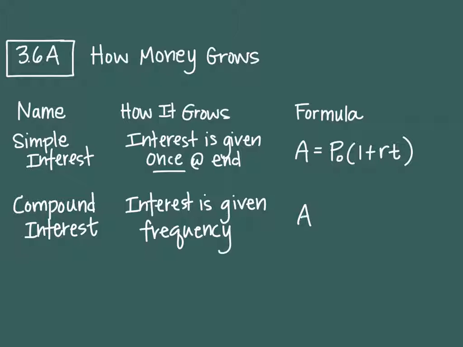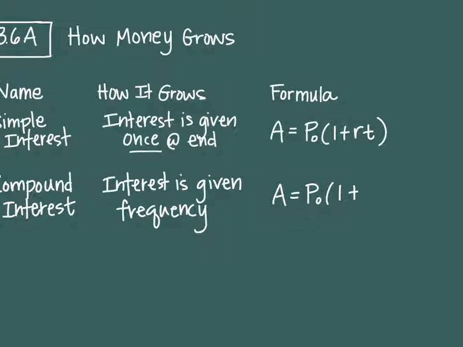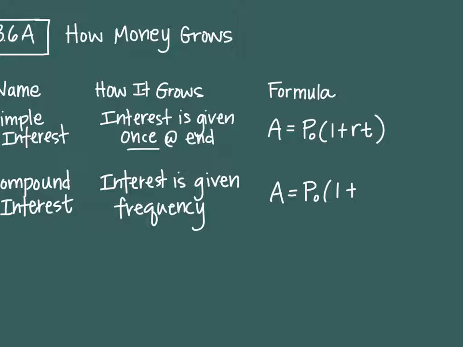The formula for that looks like this: A equals P sub 0 times 1 plus. You start to see that it starts out looking the same. The difference is that R has to be divided by the number N, and N is that frequency. It's the arrangement you make with your bank of how often this is going to happen. If it's once a month, then N is 12.